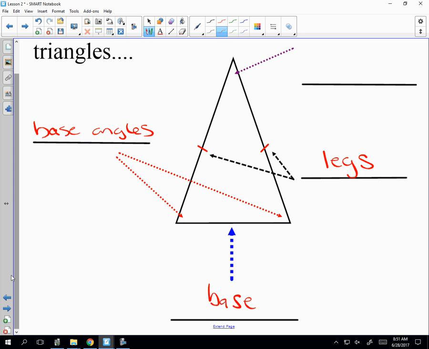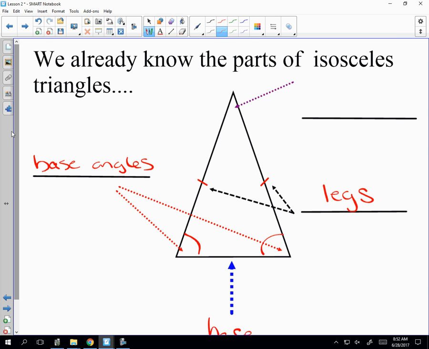The base angles are the two angles that are congruent to each other. And then we finally have our vertex, which is the third angle that is not equal to, but takes up whatever is left over from 180 degrees.